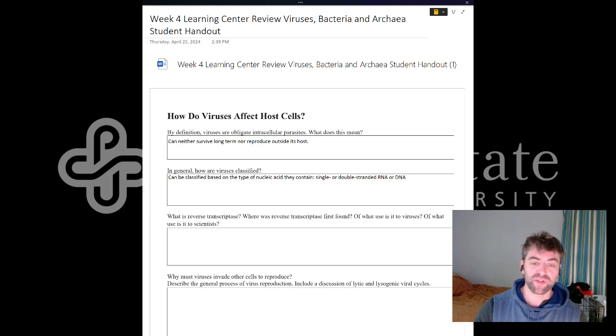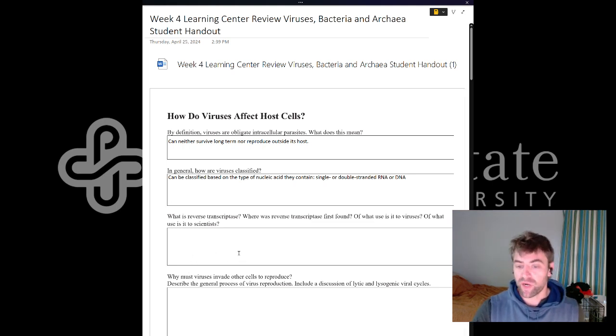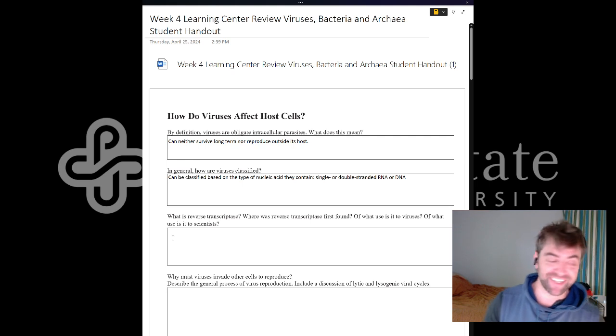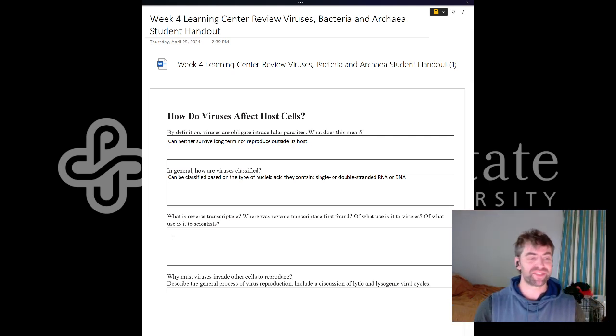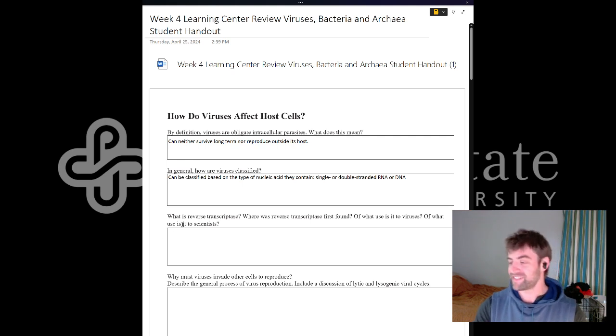What is reverse transcriptase? Where was reverse transcriptase first found, and of what use is it to viruses? Of what use is it to scientists? So reverse transcriptase was discovered in retroviruses, the most famous of which being HIV.